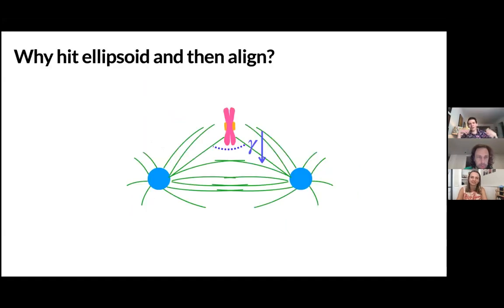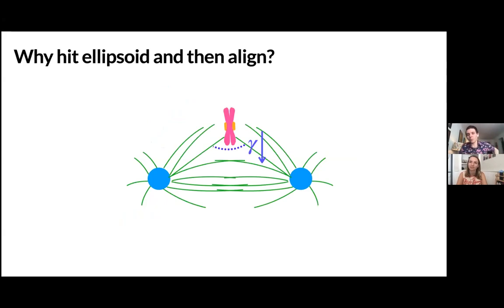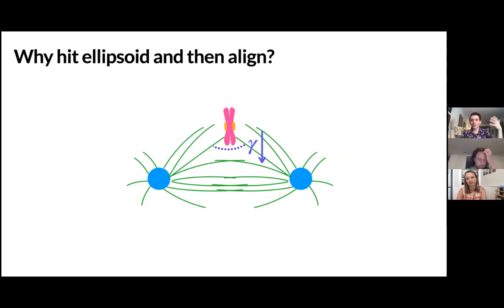And this is where we wanted to use more classical modeling to try and understand what we're seeing. Basically what we've learned is that the good trajectories move towards the spindle, hit this ellipsoid, and then become stretched and become parallel with the axis. Why is this? So we thought about it. If the DNA is moving towards the spindle, if it's not at the ellipse, what's sort of different?